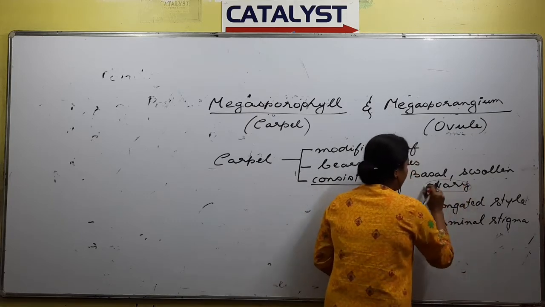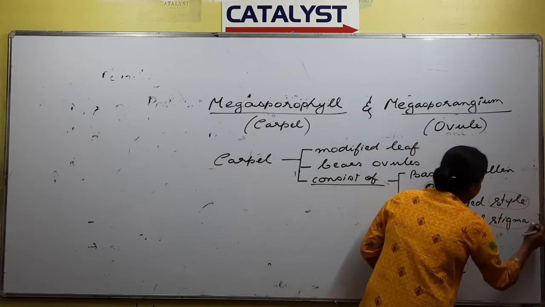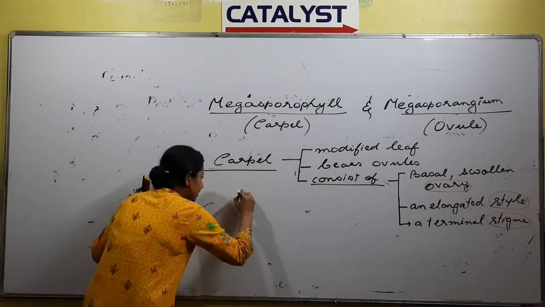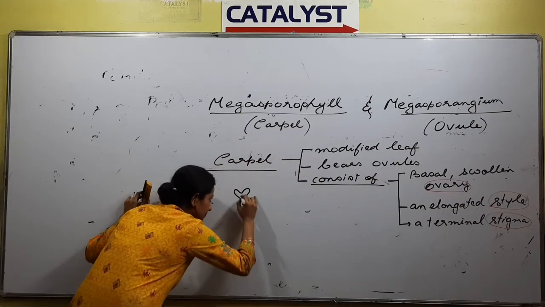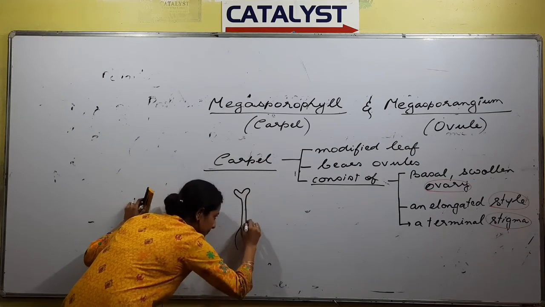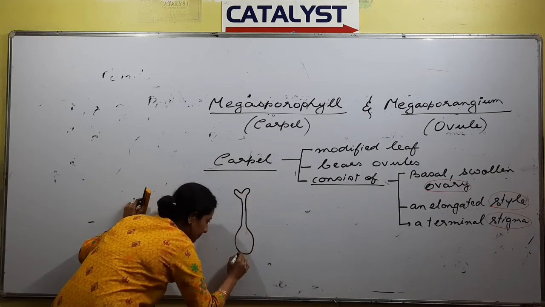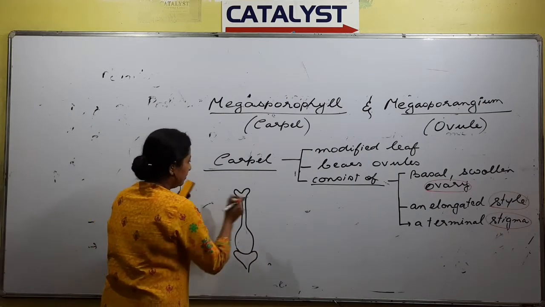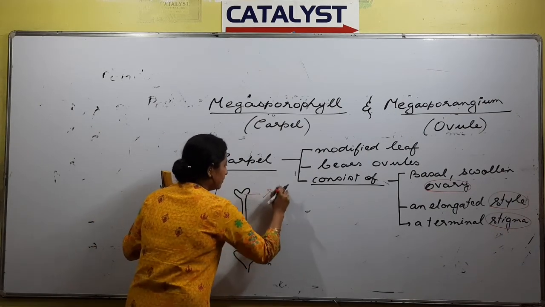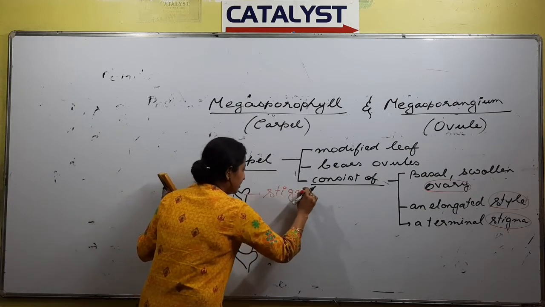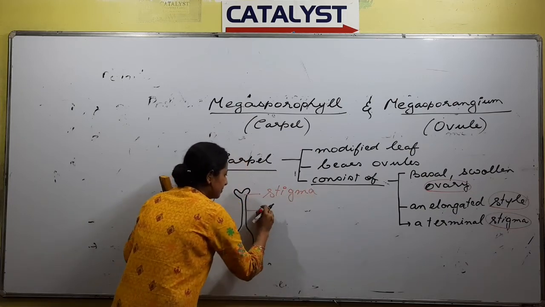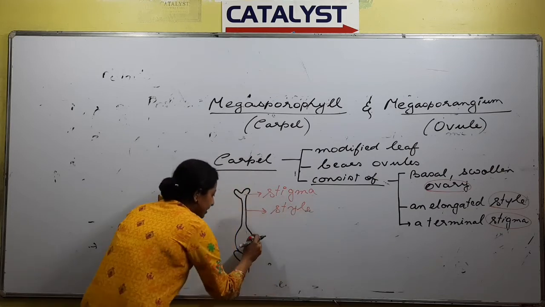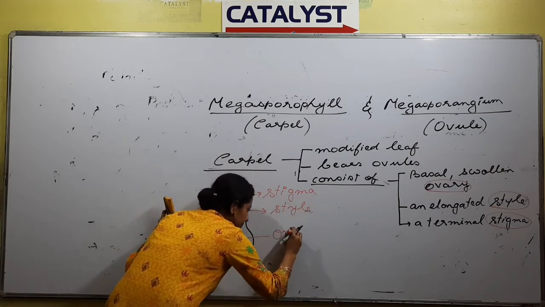So the parts of a carpel are ovary, style and stigma. How does the diagram look? Just a rough diagram. This is the stigma, this is the style, this is the ovary.